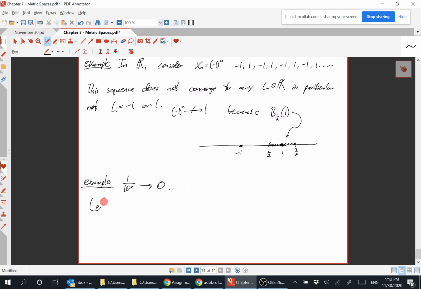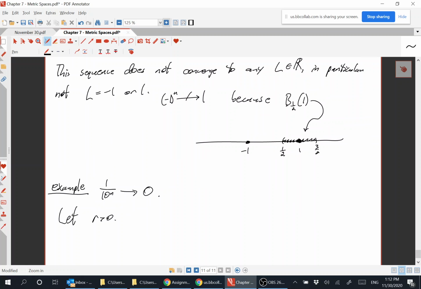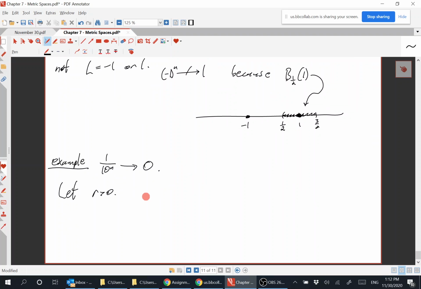So let r be bigger than 0. In the decimal expansion of r, there is a first digit that is non-zero.